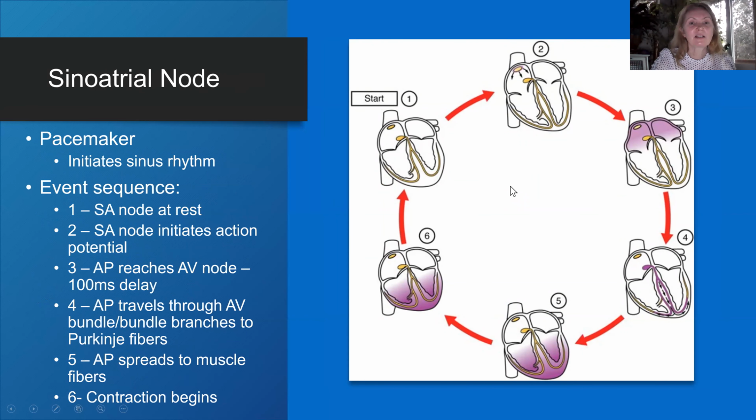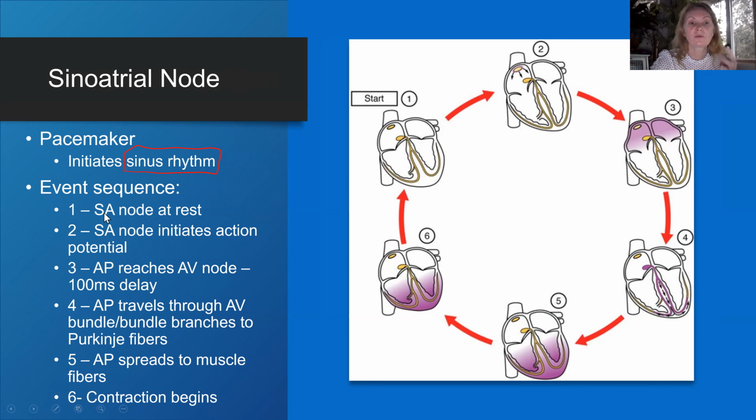Okay, so the pacemaker is the SA node. It initiates the rhythm of contraction, and we call it sinus rhythm. So that is the normal rhythm of contraction, like 70 beats per minute. This is called sinus rhythm.